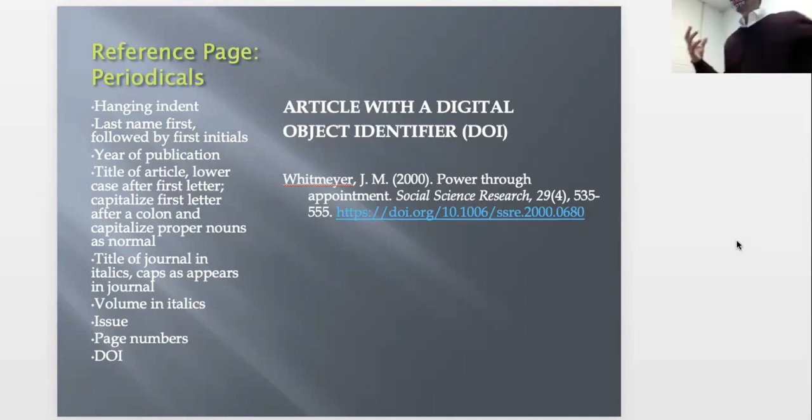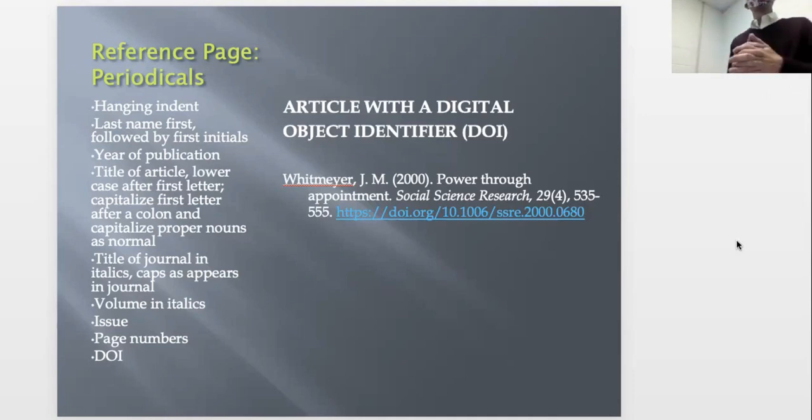So again, this focus on the year happens in text in APA, which is different from MLA. And it's also in the references, it's the same way. You put author and then year. And then we have the title, in this case, power through appointment. Notice that the capitalization might seem a little funny there.